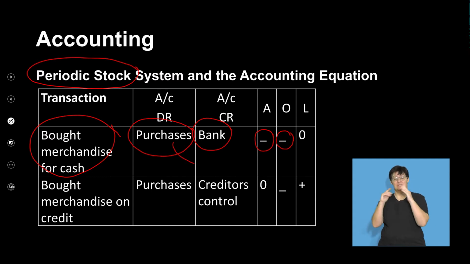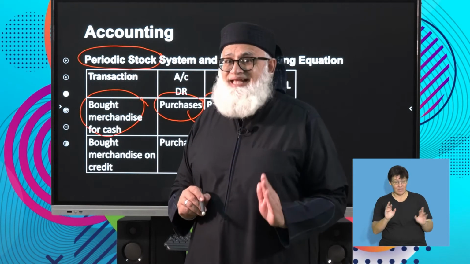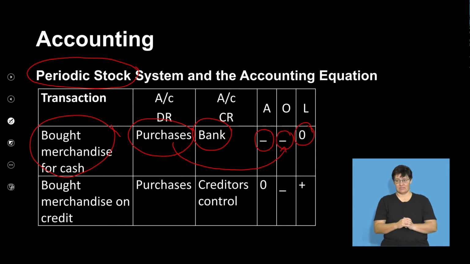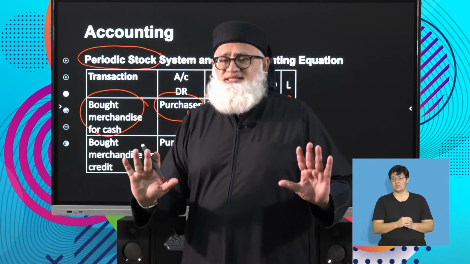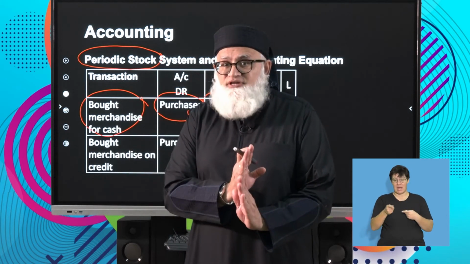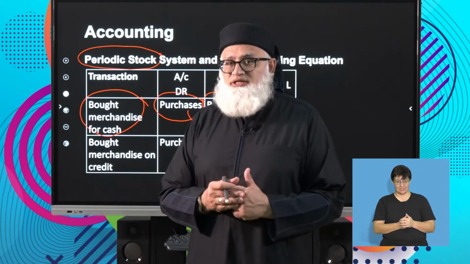Why? Because purchases is an expense and it is impacting on my owner's equity. Clear? I hope you fully understand this. Your liabilities remain unchanged. So now what I've done for you, I've shown you a comparison of the same transaction but treated differently using the perpetual inventory system and the periodic inventory system.